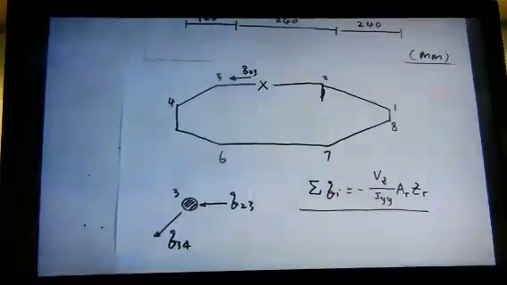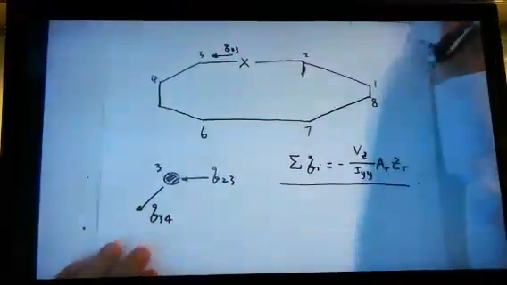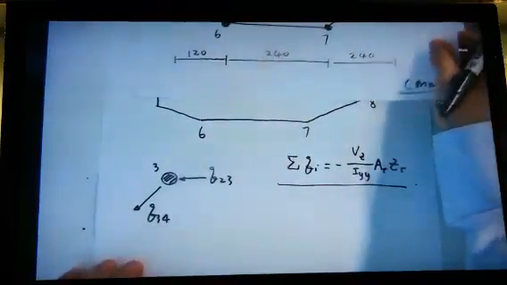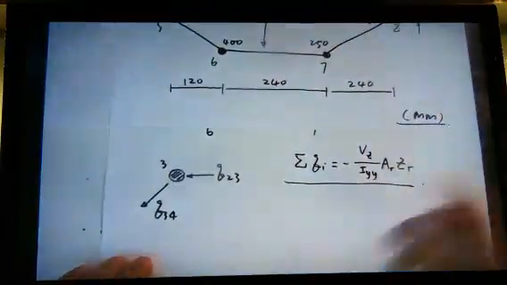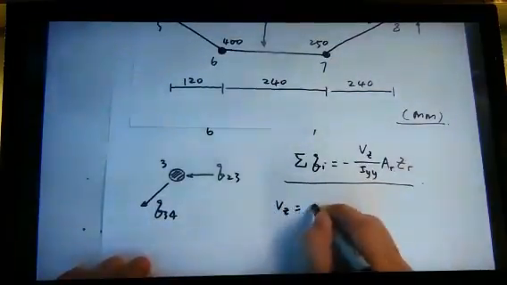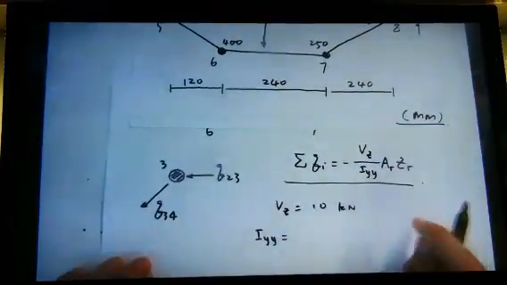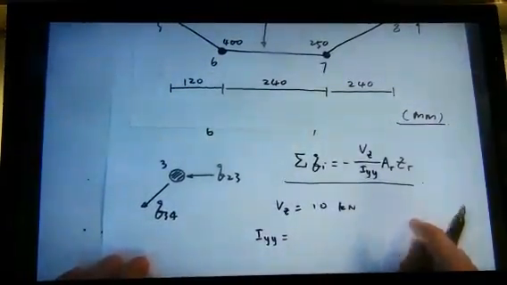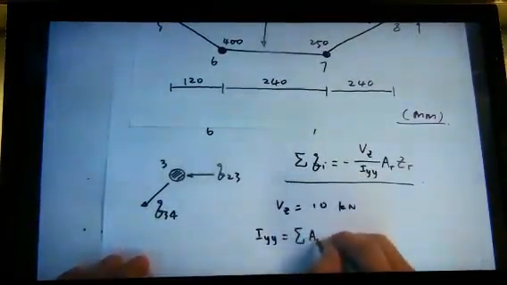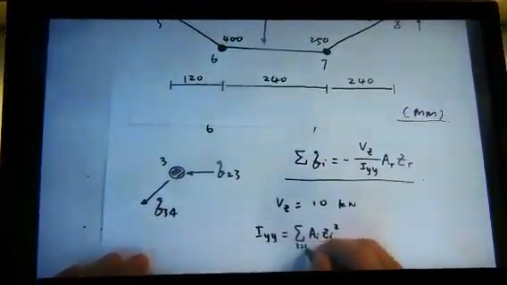And Iyy is the second moment of inertia of this cross section. We need to calculate Iyy according to the geometry. Vz is 10 kilonewton, it's given. For Iyy, use the equation: Iyy is the sum of Ai Zi squared, where i is the index of the boom, from 1 to 8.